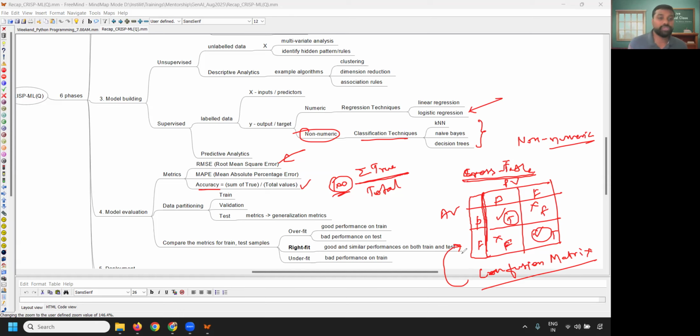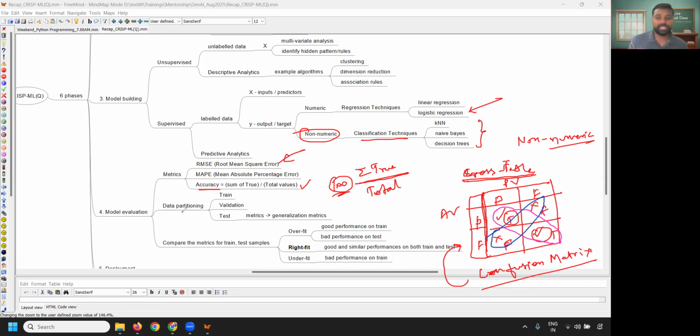Okay, and in confusion matrix, what all different metrics will we look at? Anil and Sambit, what other metrics can we see in confusion matrix? Not just accuracy. Of course, accuracy is there and error is there, right? So if I talk about true cases, then it is accuracy. If I talk about false cases, then this is error, right?